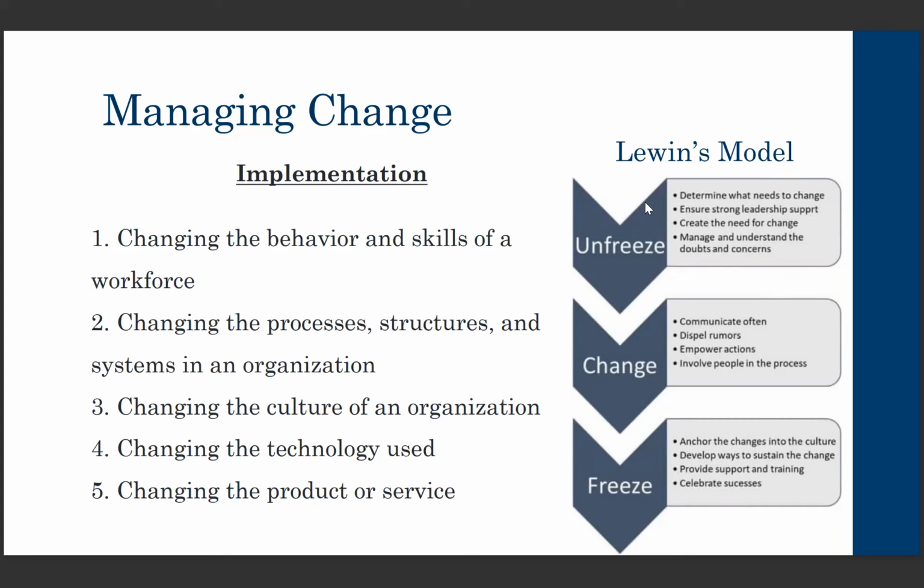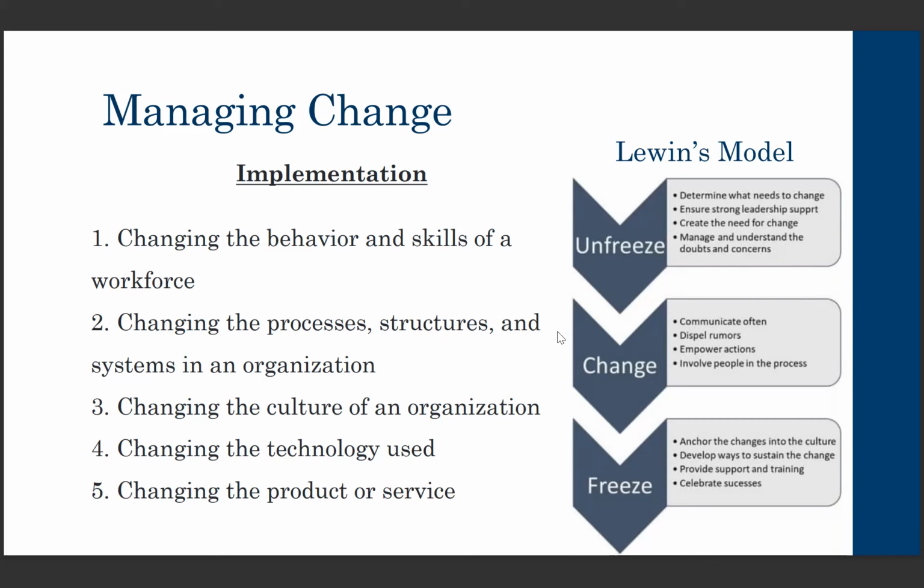In this Lewin model, he's defining 3 steps: unfreeze, change, and freeze. You can take an ice cube as the example, according to Lewin's model. There's an ice cube with a square shape, and we are going to unfreeze it. Then it will melt, and we are going to change the shape. Let's say we are going to put this melted ice cube into a different shaped, let's say a triangle shaped mold.